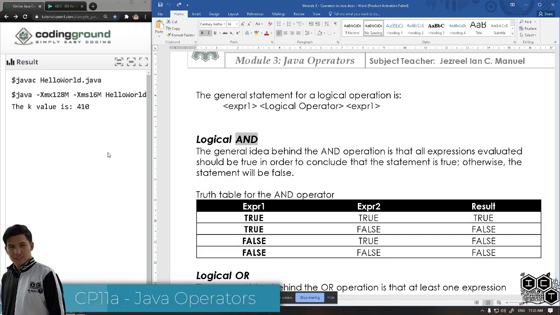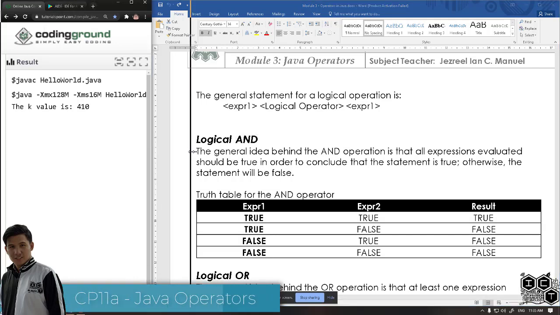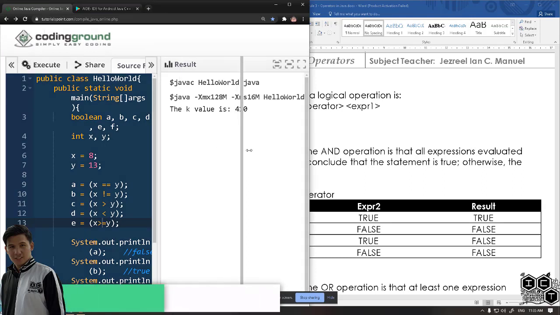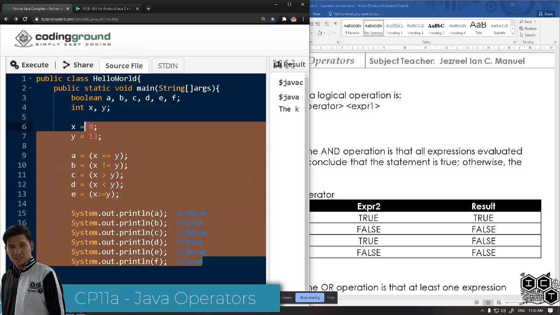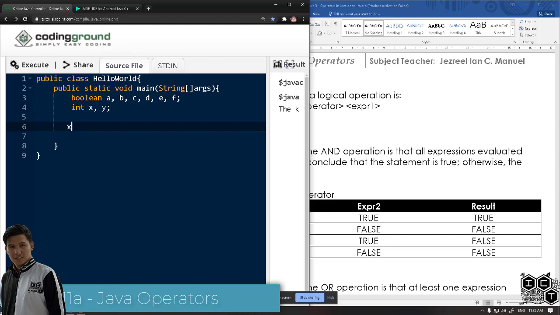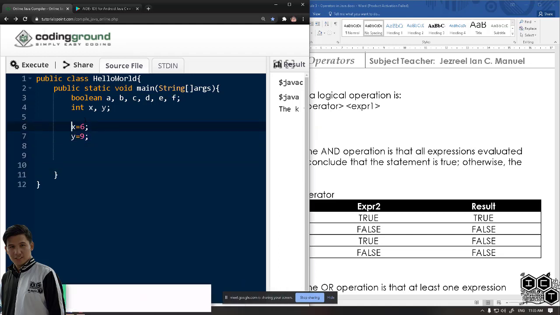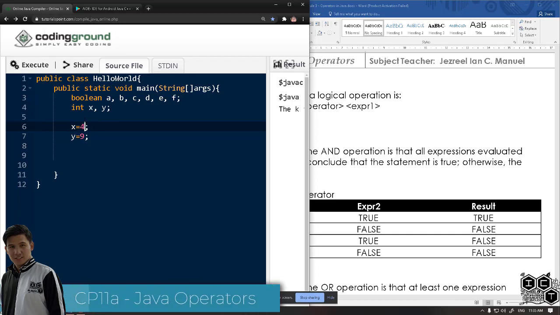Now, let me try to discuss AND operator. Yan. So, ang x, let's sabihin natin x is equal to 6 and y is equal to 9. Ay, hindi, wag. Parang ang pangit ng dating pala. 4 na lang.